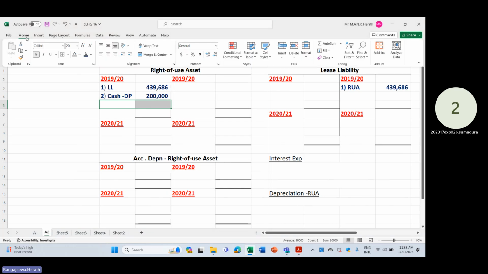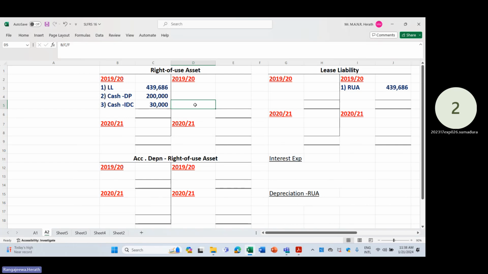Initial direct cost, cash credit, right of use asset debit. This is what we have already found, right? You can show the double entry there. Not preparing the cash account.